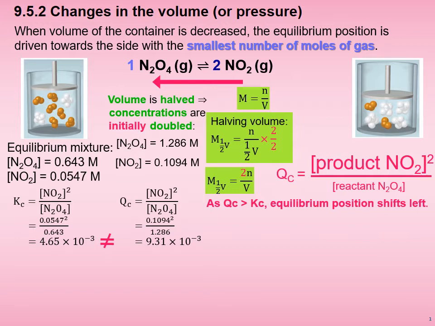Product NO2 concentration must therefore be reduced, and reactant N2O4 concentration must increase. Hence, reaction should shift left to reach equilibrium. At equilibrium, the Qc value becomes the Kc value of 4.65 times 10 to the power of negative 3.